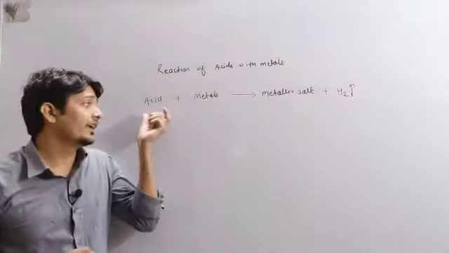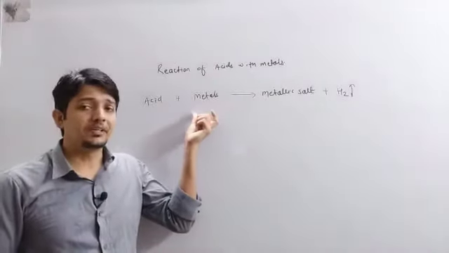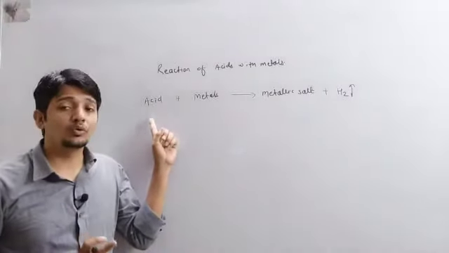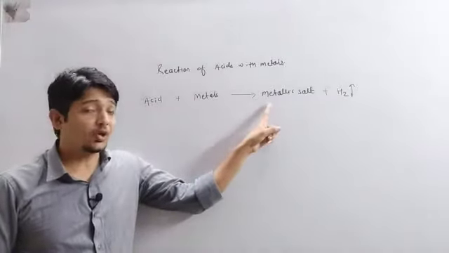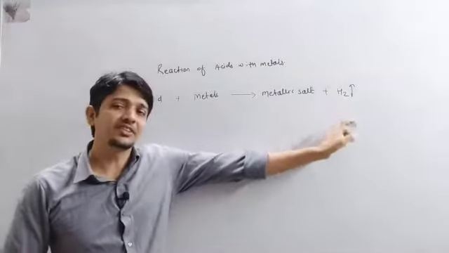When acid reacts with metal, see, acid is very corrosive. When metal reacts with acid, they form metallic salt and hydrogen gas is released.